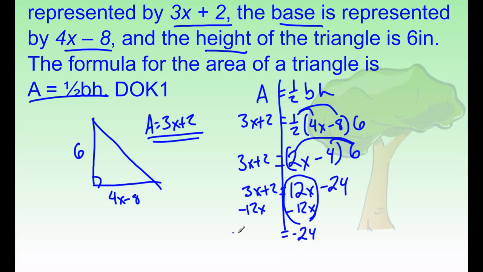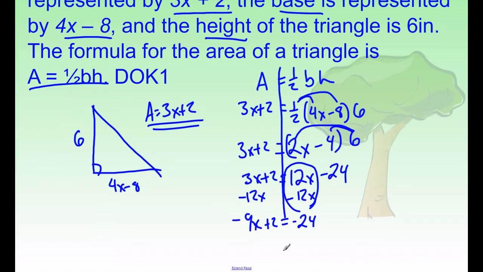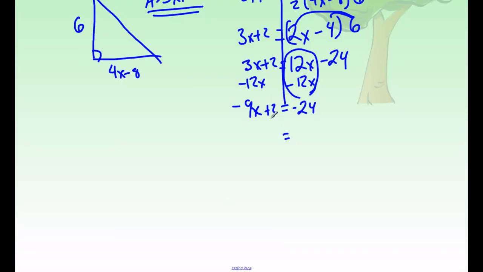And this gives me negative 9x plus 2. Let's see, I'm going to subtract 2 on both sides, which gives me negative 9x equals negative 26.